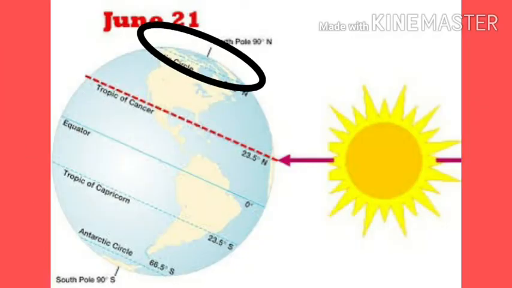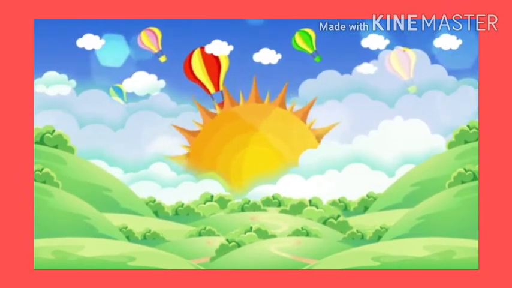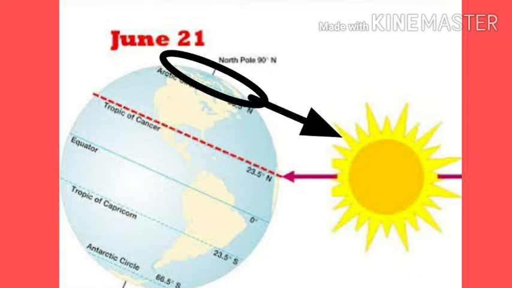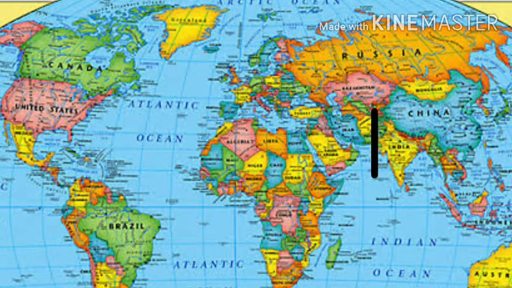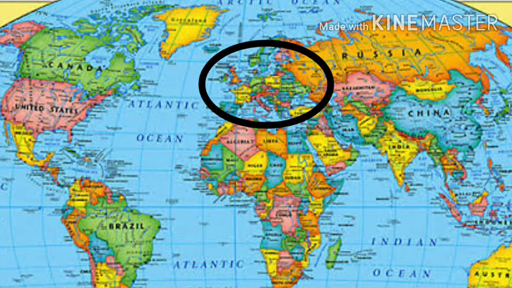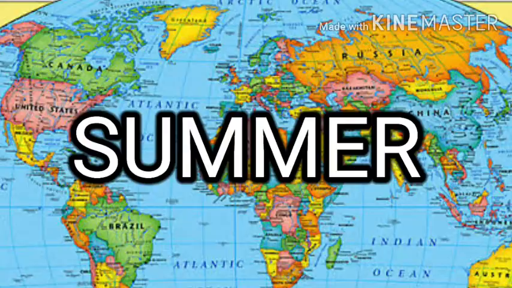The North Pole experiences 6 months of continuous day during this time, because the North Pole is tilted towards the sun. Countries like India, USA and European countries experience summer during this time.